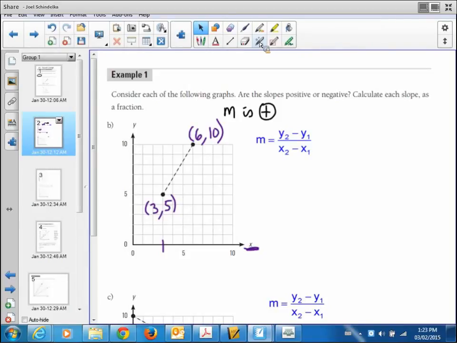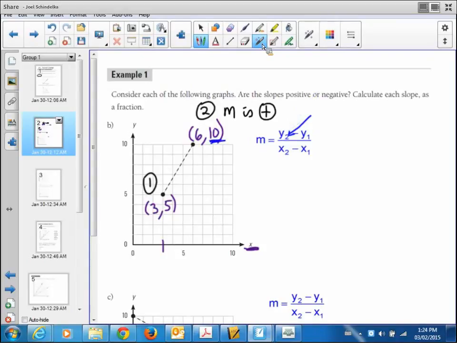Now what? Well, I'm going to try using this formula to calculate the actual slope. Now, I don't care which one you call 2 and which one you call 1, but I tend to number things from left to right. So, if I call this my first point and this my second point, you don't have to actually label that on there, but that's the way I'm thinking, so I'm going to write that down. Then, I'm going to use this formula here. What is my y value for the second point? That's what y2 means. So what's the y value in the second?